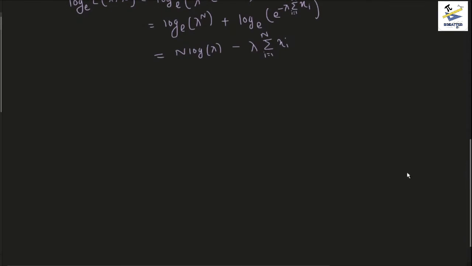So now we need to maximize this, so we differentiate both sides with respect to lambda to get the following.